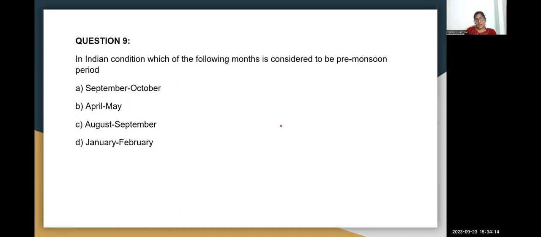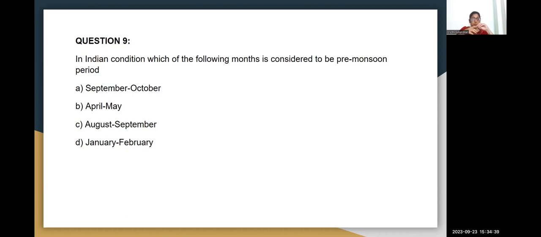Next, in Indian conditions, which of the following months is considered to be the pre-monsoon period? We have talked about how we check the water level situations. It is the difference between the water level in the post-monsoon season minus the pre-monsoon season water level. So what period is the pre-monsoon period is the question over here.